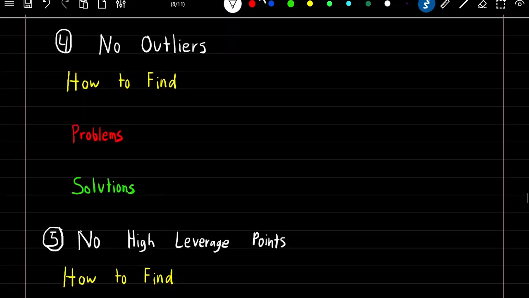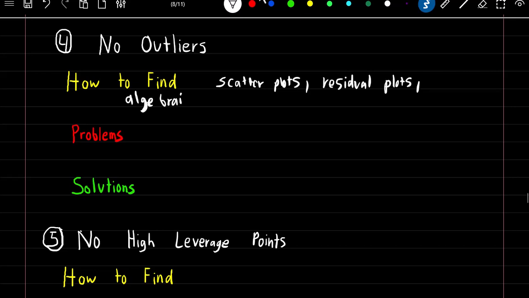The fourth assumption of linear regression is that you have no outliers. How do you find them? Either in scatter plots, residual plots, or algebraically. Algebraically, the residual would be 3 standard deviations away from the mean, or from 0.